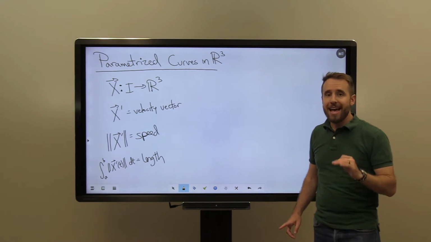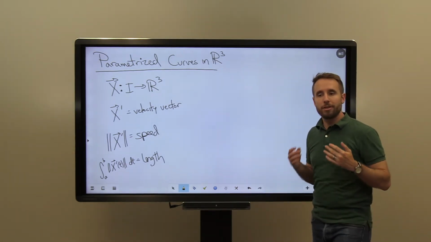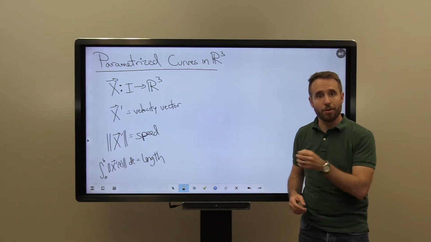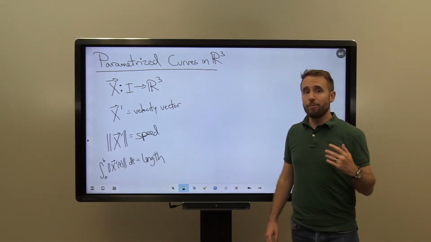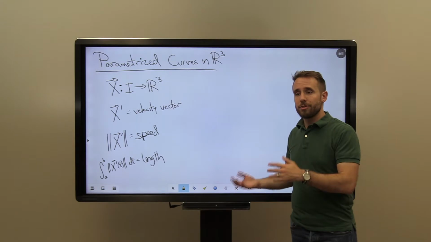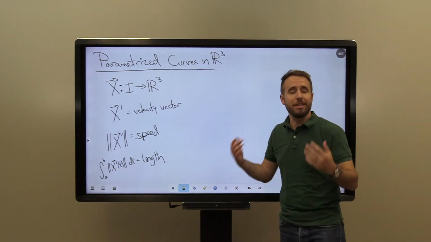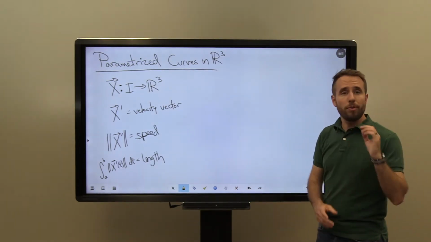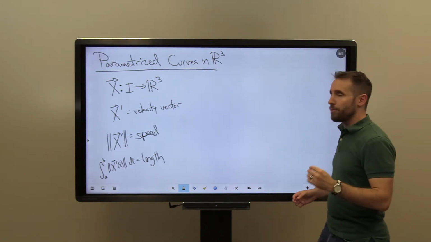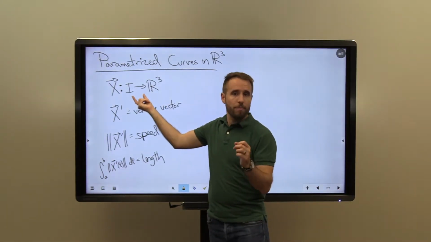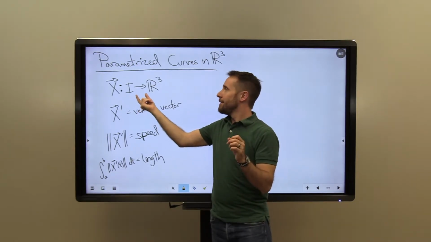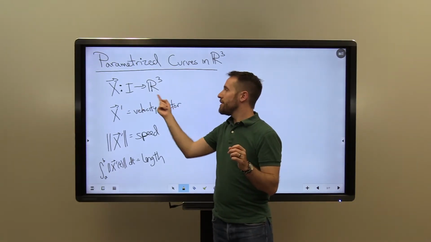All right. With that in mind, we can now turn to talk about parametrized curves in three-dimensional space. And it turns out that much of what we talked about in two-dimensional space carries over, especially the early stuff. So we'll still be using our parametrized curve. We'll use the capital X to describe it. It will be from an interval of time with parameter typically t into three-dimensional space.